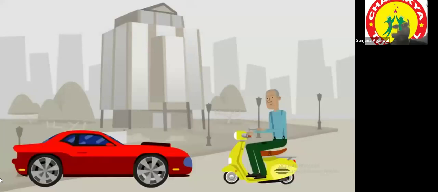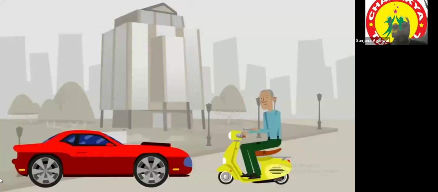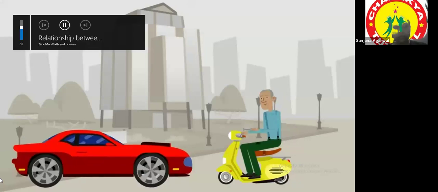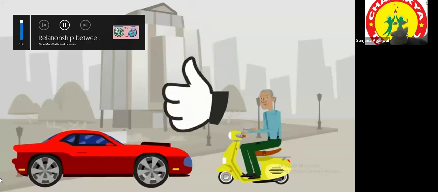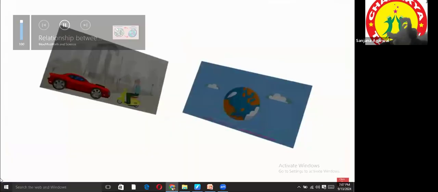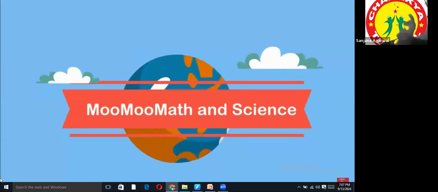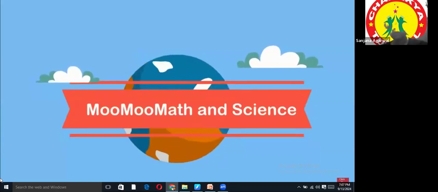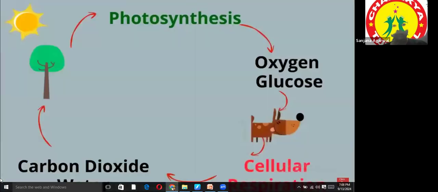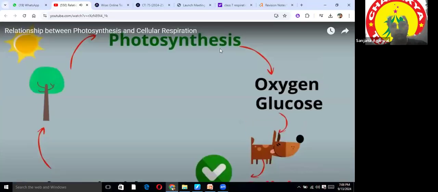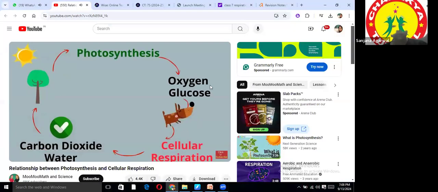And the exhaust of your motorcycle could be used for fuel for your car. You would have a nice cycle in which both the car and the motorcycle benefited. Welcome to Moo Math and Science and the relationship between photosynthesis and cellular respiration. Photosynthesis and cellular respiration have a similar relationship. The waste product of photosynthesis is used in cellular respiration, and the waste product of cellular respiration is used for fuel in photosynthesis.